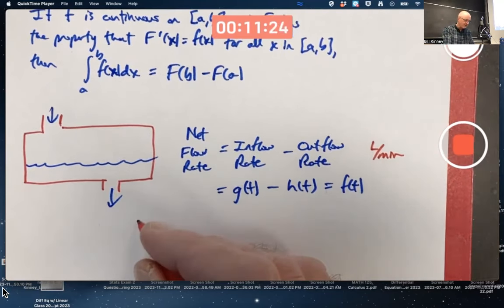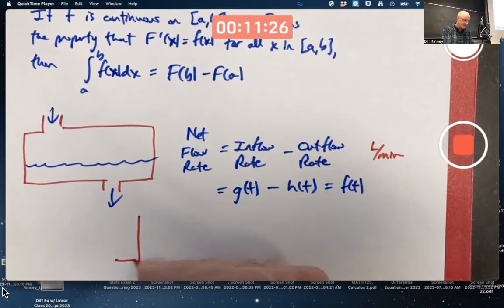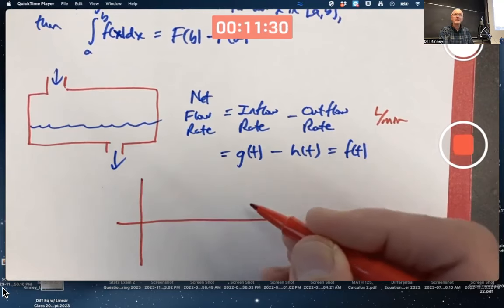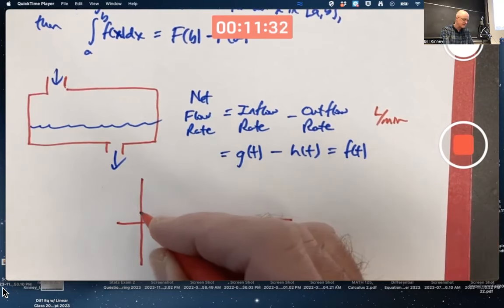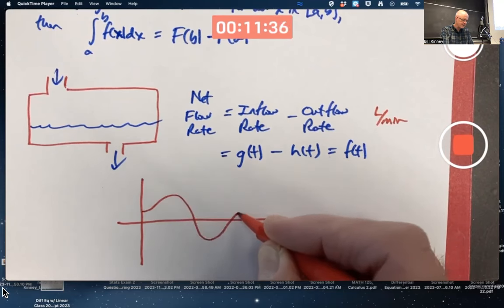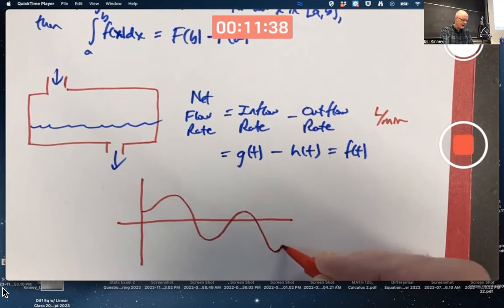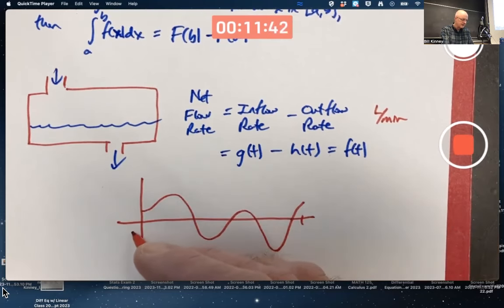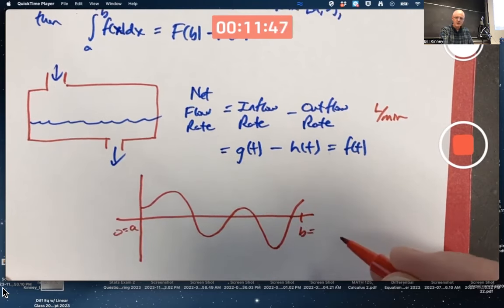We've got a graph of the net inflow rate, f of t. Maybe sometimes it's positive, sometimes it's negative. Maybe it starts out positive, then goes negative, then goes positive, then goes negative again, and at the end it's positive. Maybe that's your interval. Let's say a is here at 0 and b is some number up here.